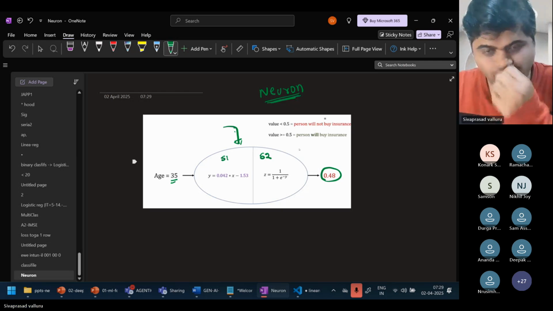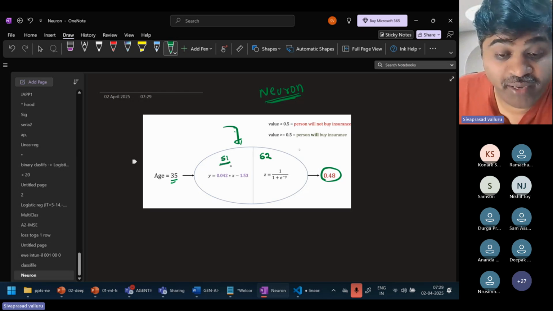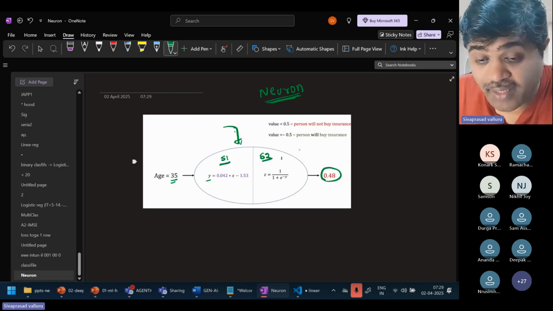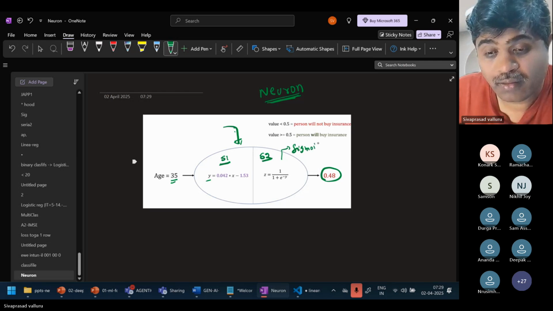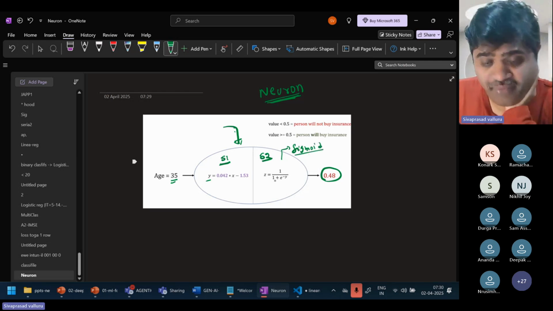Now, in a neuron there are two steps. First is calculating the value of y using the formula, and the second step is applying, in this case, a formula called the sigmoid function. The name of the scientist is sigmoid, so it is called a sigmoid function.